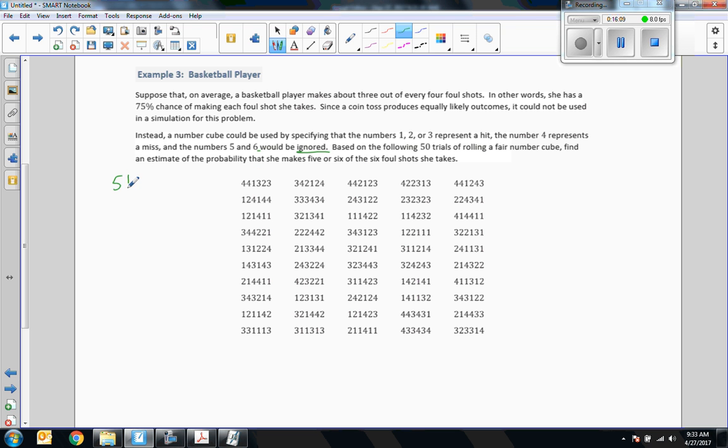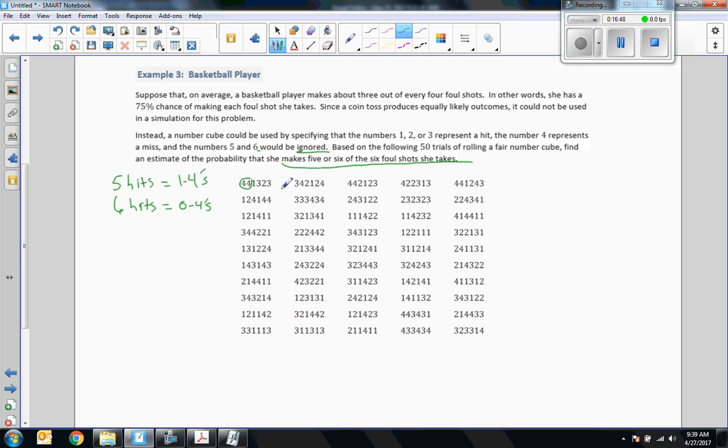So 5 hits equals 1 four. Okay, so what are we trying to do here? 5 hits, we would only have 1 four. 6 hits equals 0 fours. We want 5 or 6 hits, so we're looking for 1 or 0.